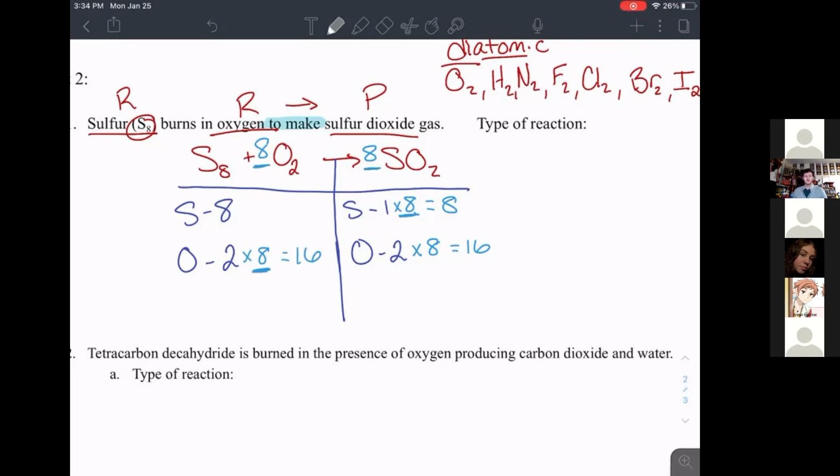All right. So now our last thing we need to do, we have to identify the type of reaction. So there were 5 of them. We had synthesis, decomposition, single replacement, double replacement, and combustion. Which one is this one? Synthesis.